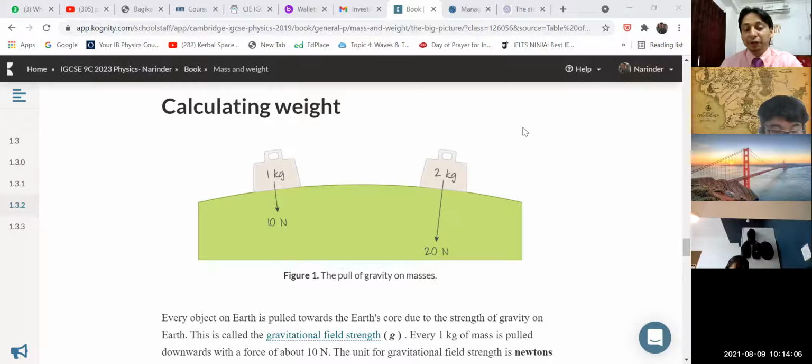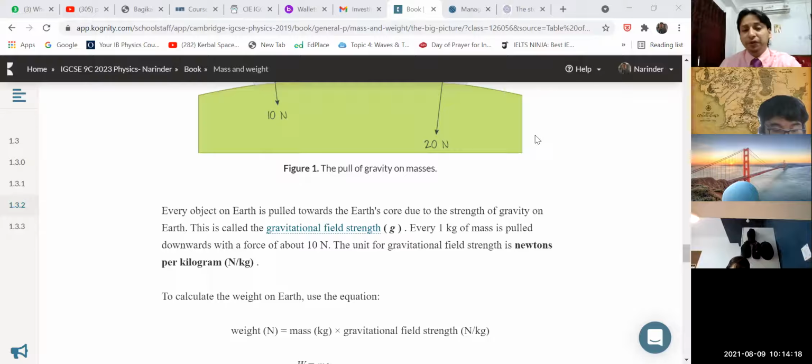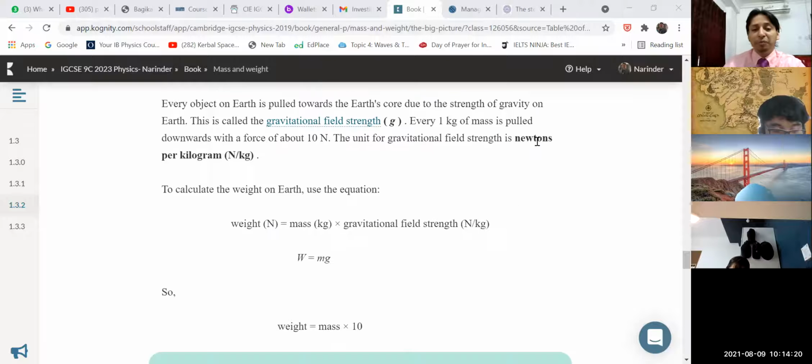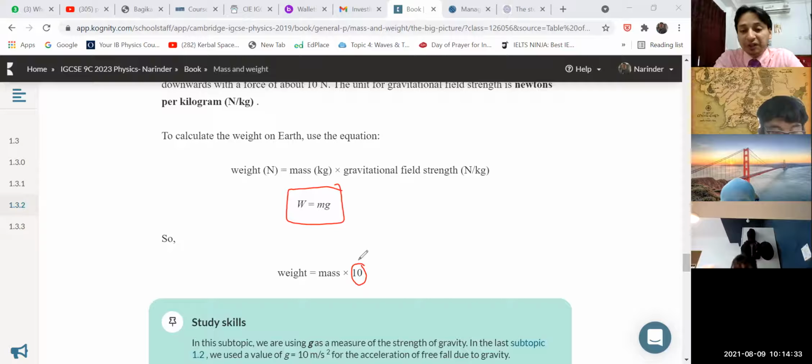In terms of weight, the first object has a weight of 10 Newton, and the second object has a weight of 20 Newton. Why is there a difference? Because we have a mathematical equation: weight is mass multiplied by g. On the surface of Earth, we consider the value of gravity, g, to be 10.